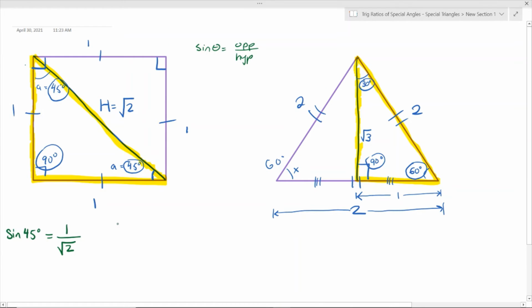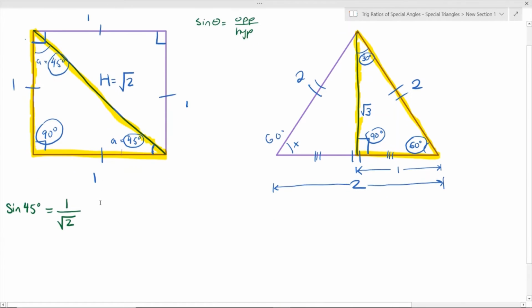So now looking for cosine. We know cosine theta is going to be adjacent over hypotenuse. So cosine 45 degrees we are looking for, right? 45 degrees is right here, this angle right here, okay?